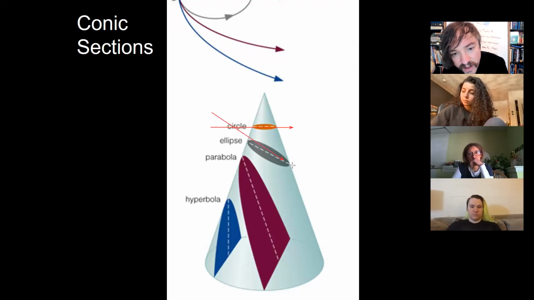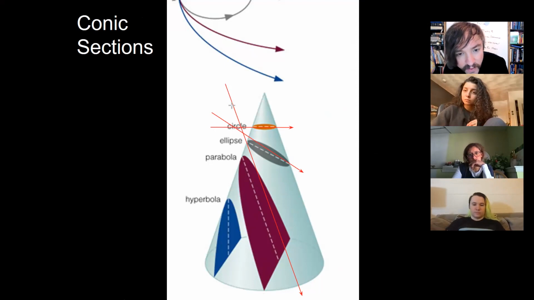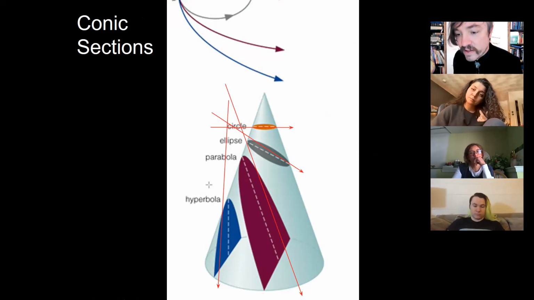If you slice a cone at an angle, you get a squishy circle we call an ellipse. If you slice a cone through the bottom at an angle, you get a kind of V shape that we call a parabola. And if you slice it perfectly vertical, you get a slightly different V shape that's called a hyperbola. Circles, ellipses, parabolas, and hyperbolas are known as conic sections in mathematics. And mathematicians find them interesting.